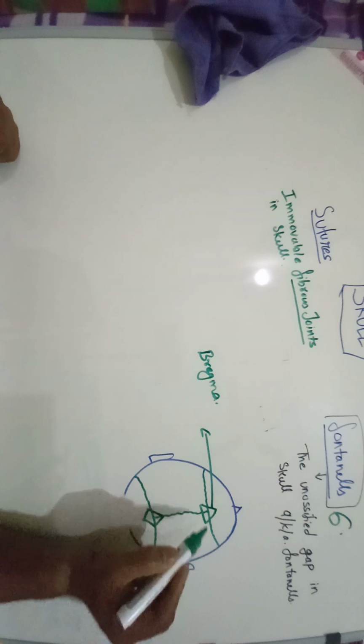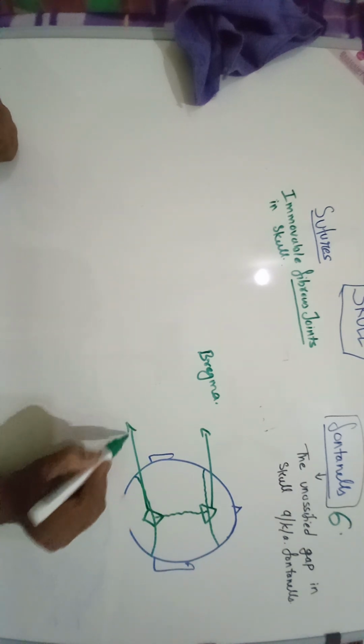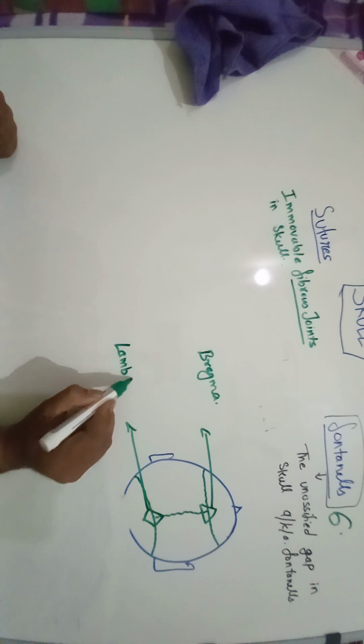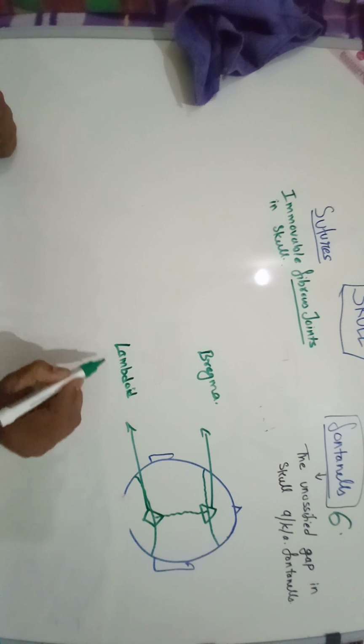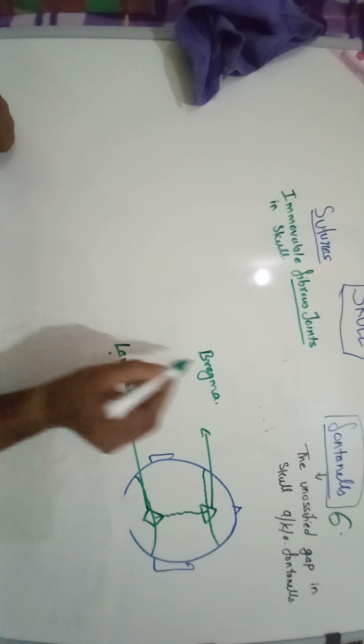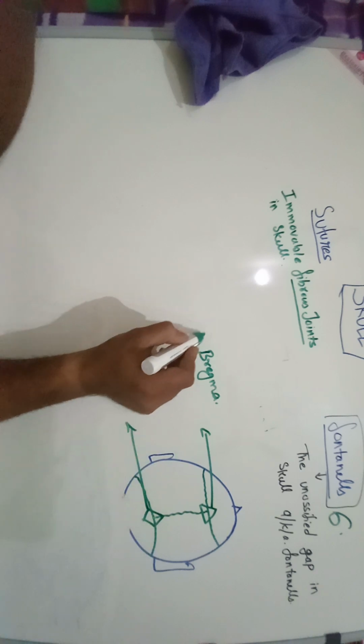I am making this triangular, and this quadrangular. Why? There is a lot of meaning in them. The lambdoid suture, and there is a bregma. This is also called the lambdoid area.